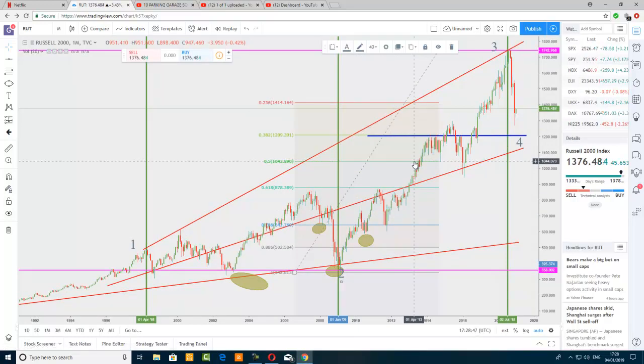In fact, personally speaking, the fourth wave coming to the 50% Fibonacci retracement level of the third wave is already deep. So that's why I put the 38.2% level. That level is in a zone of 1200. So how do you handle that?